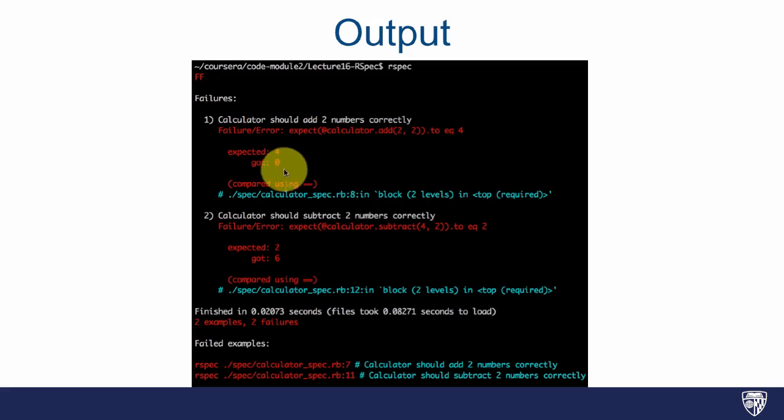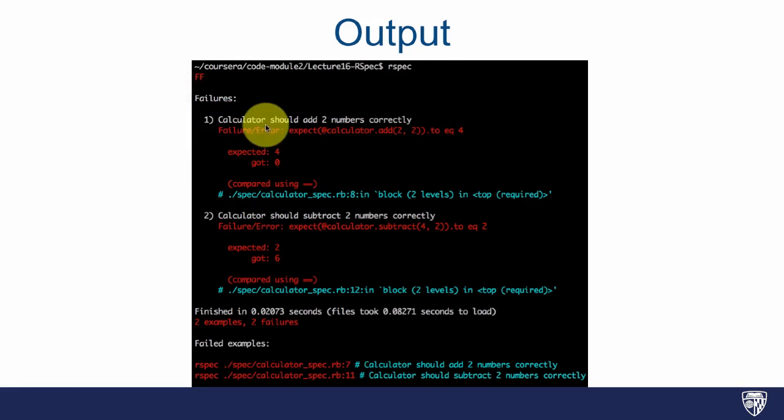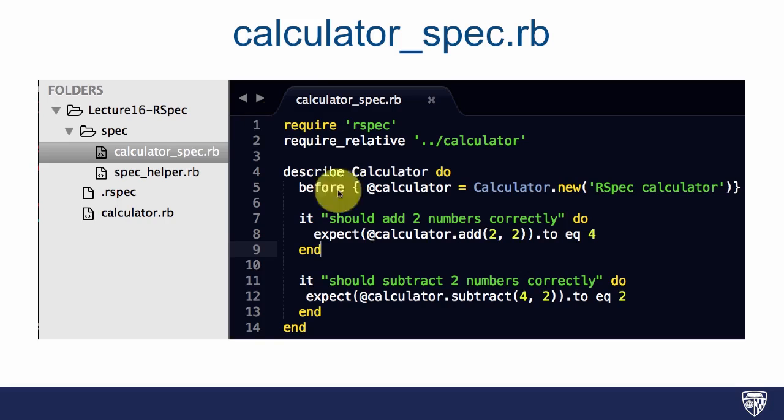Expected 4, got 0, and it's going to tell you exactly where it happened. And you could see that it's actually telling you which features it is testing by saying Calculator should add two numbers correctly. This is extracted from what you specified in your it description, which is very nice.